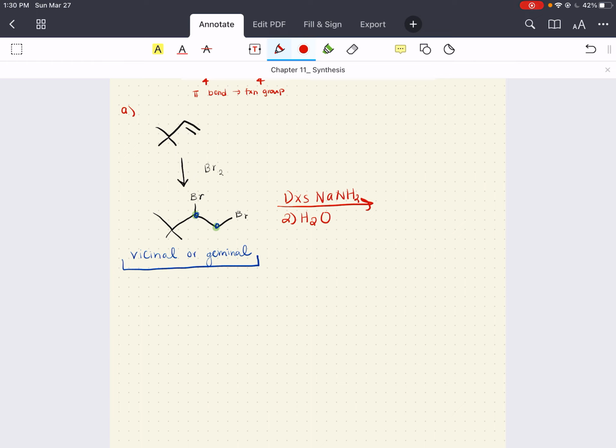This was one of the first things we covered in chapter 9 when we started talking about addition reactions of alkenes, how to prepare triple bonds. If you have two leaving groups, like two halogens, either on the same carbon or one carbon away, we can remove them, some sort of double elimination reaction, if you will, to form a triple bond. And these are the reagents you need to accomplish that. And so then what we form is that triple bond.